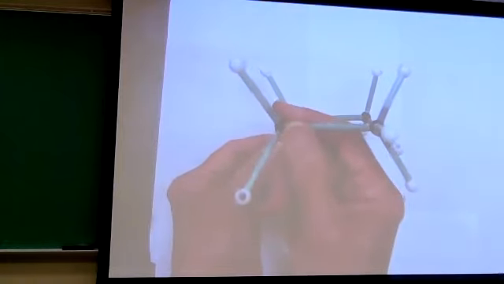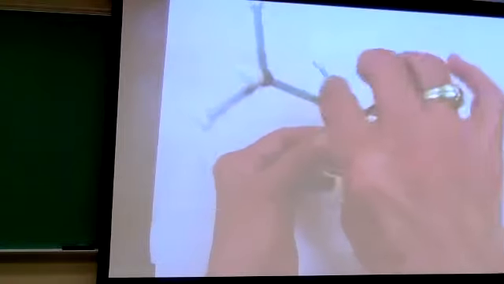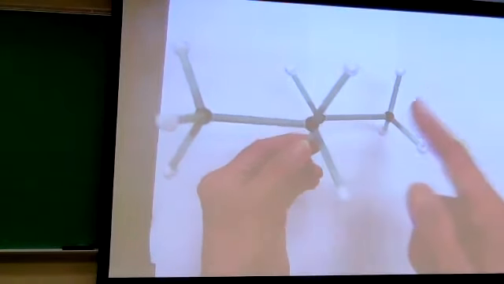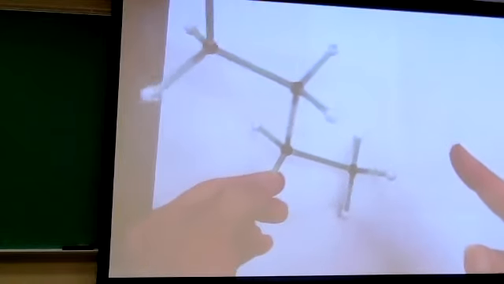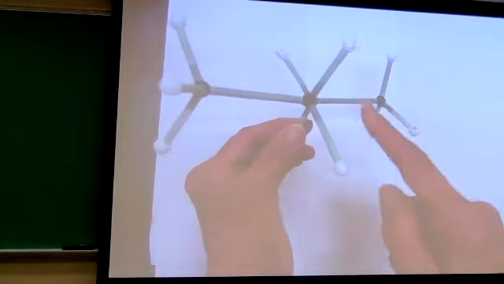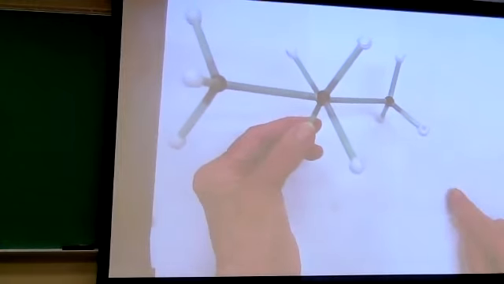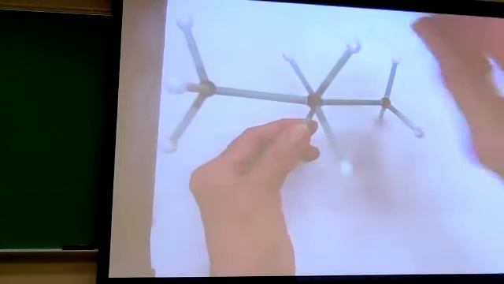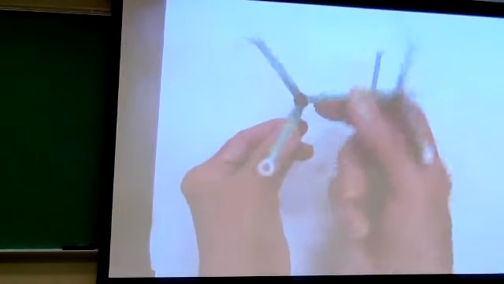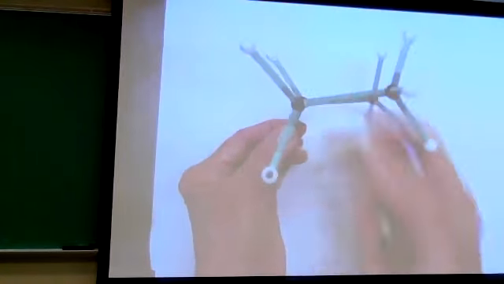And similarly, if we go to this staggered conformer where the two metals are as far apart as possible, this is going to be the most stable. So this is the most stable conformer because the metals are as far apart as possible. And this is the least stable conformer because the metals are eclipsing.